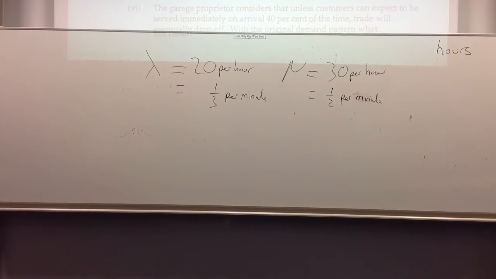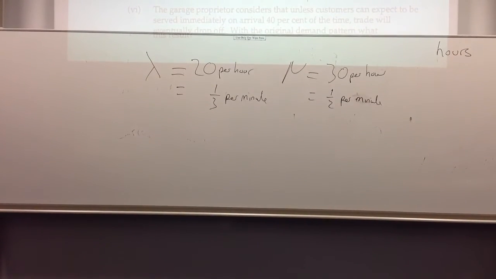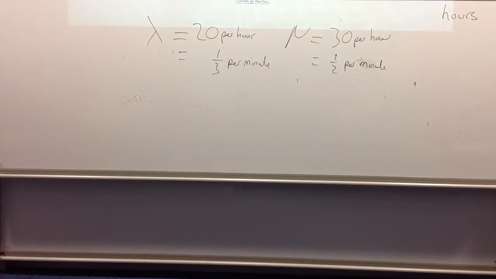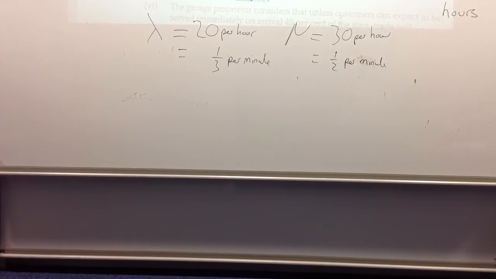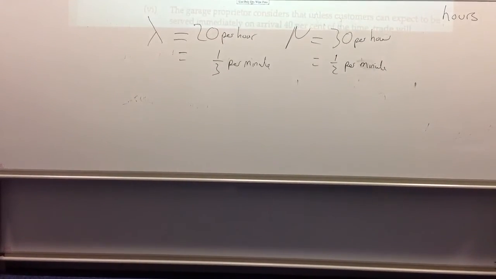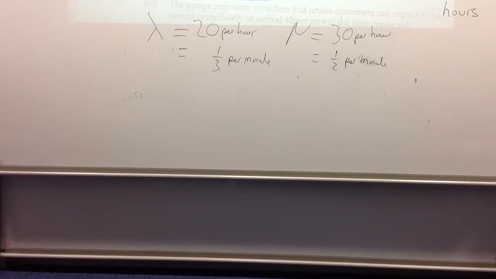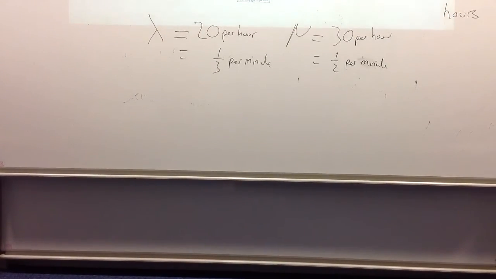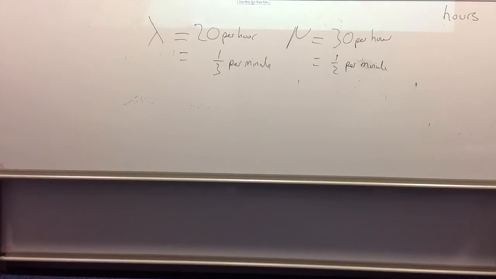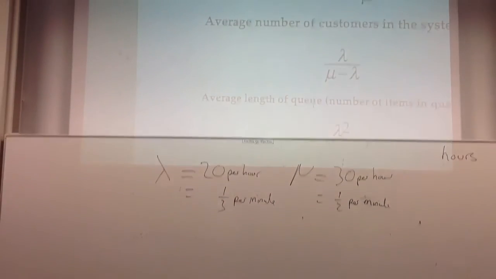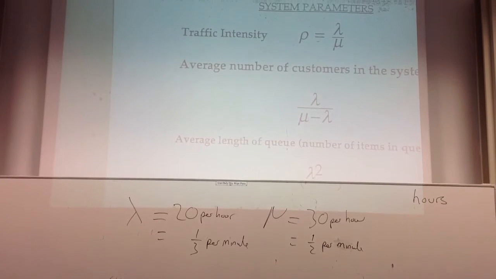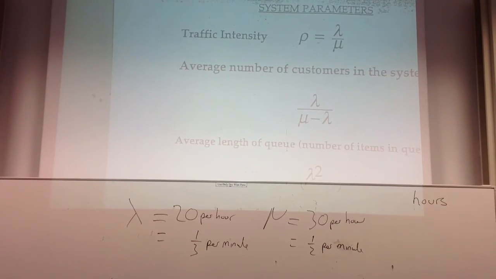Then the first question is, what is the probability that a car arriving has to wait? So you arrive at the station, what is the probability that you have to wait? Well, it is a matter of identifying the formula on this sheet which is going to be appropriate.